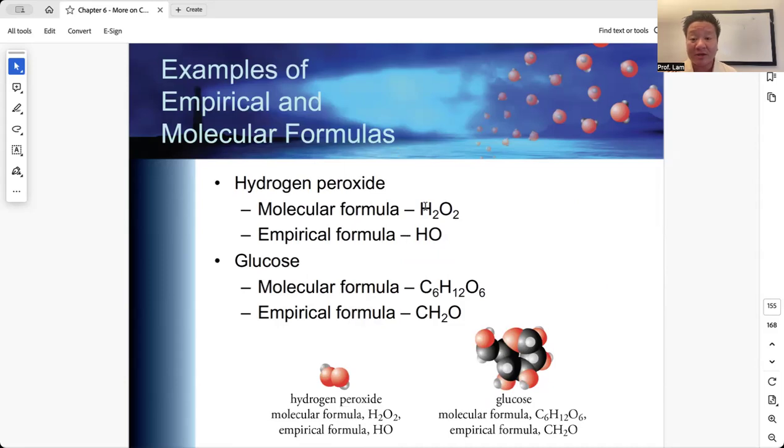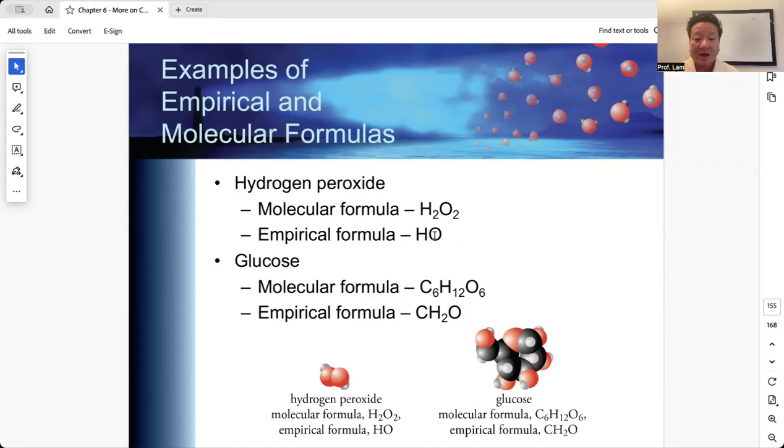And the way to think of it is to find the largest factor that you can divide by. So if you have 2 and 2, you can divide both by 2 to get whole numbers still. So if you divide both by 2, what you get is HO, right? So the way you can think about it is just reducing it, taking these large numbers and reducing it down to the smallest whole numbers that you can get to.